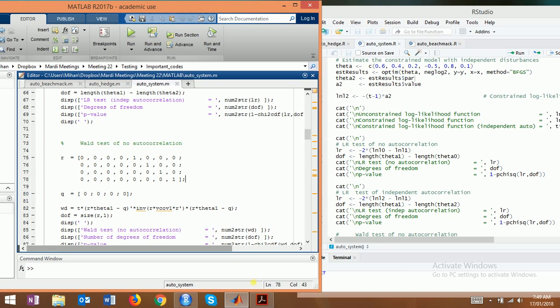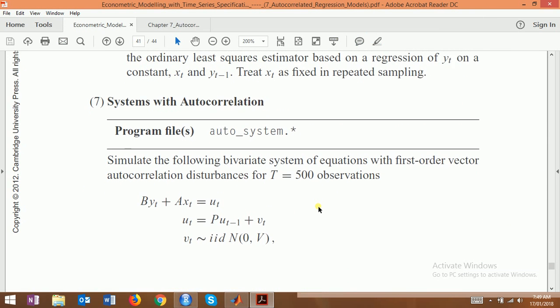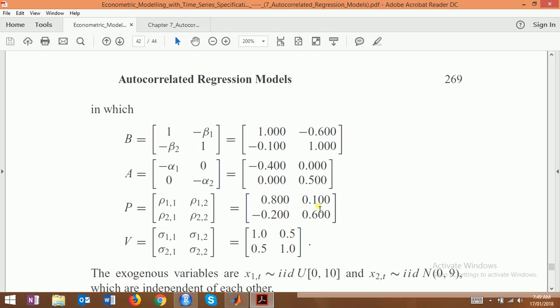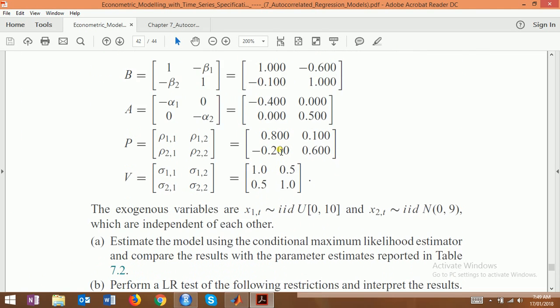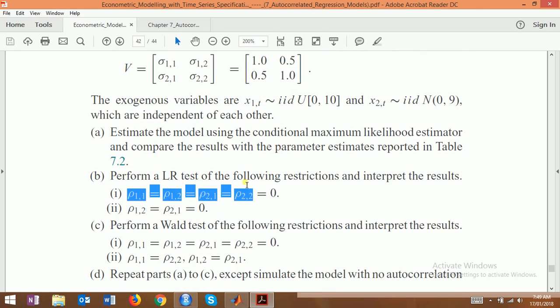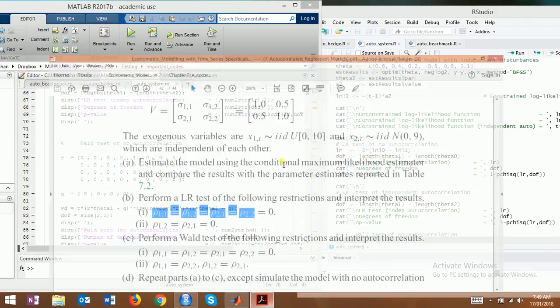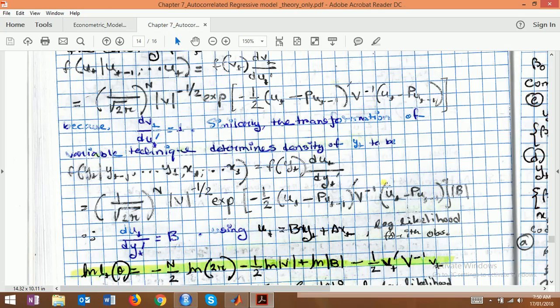So here the equation is, are we talking about 4 equations here? Yeah, I think beta 1, beta 2, alpha 1, alpha 2. No, this is first order vector autocorrelation. What system of autocorrelation are we talking about here? Okay, just have a look.